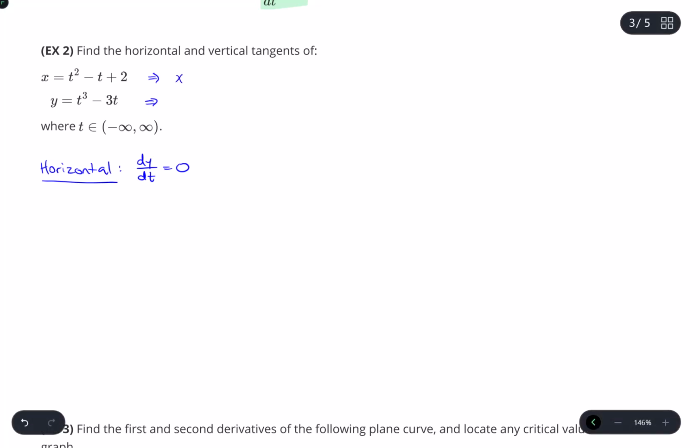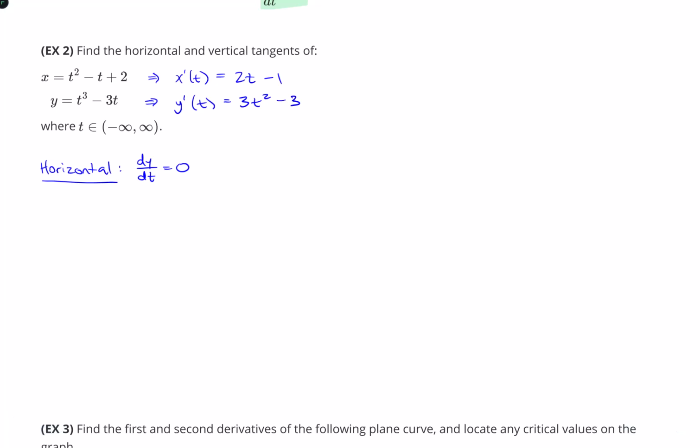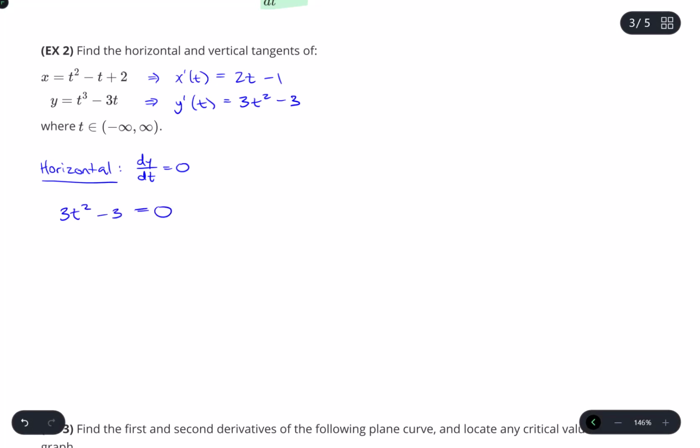So x'(t), the derivative of the x component, would be 2t minus 1, and y'(t) would be 3t squared minus 3. So if I take the y component's derivative, 3t squared minus 3, and set that equal to 0 and solve, that would tell me the location of any horizontal tangents.